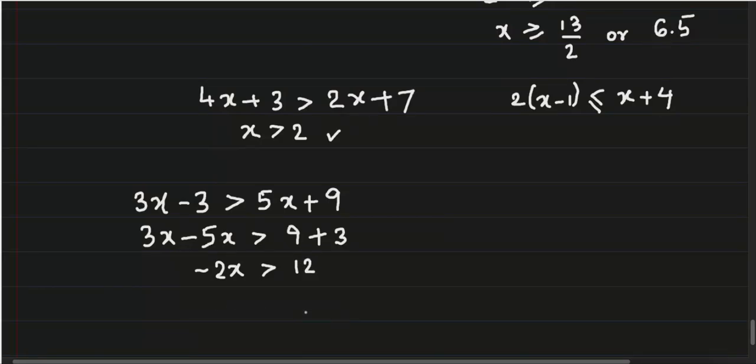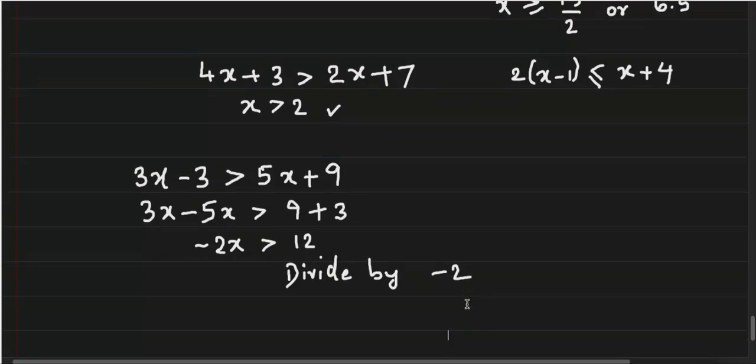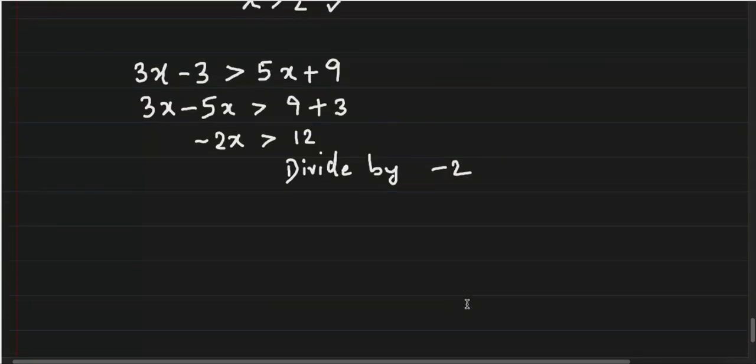If you are dividing by negative 2 here, divide by negative 2 to get the value of x. So what will you get here? One thing, that is the negative rule we have to follow here.